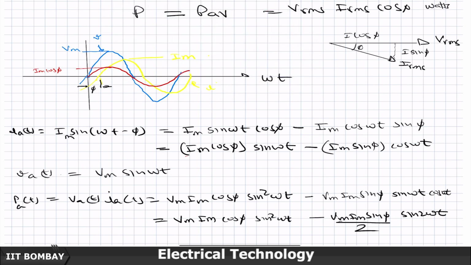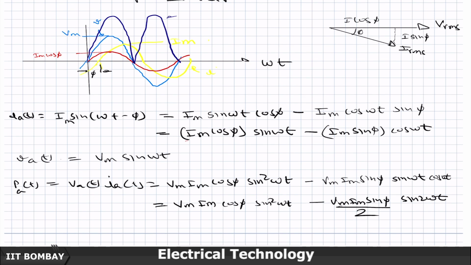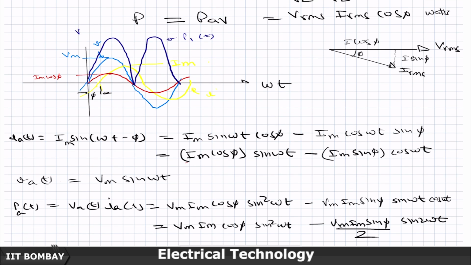And if you sketch it, it is going to look like this. The component, in phase component, I will call it P1 of t. So, this is how it is going to look, at its peak being V m I m cos of phi, and this is actually a double frequency waveform, right?